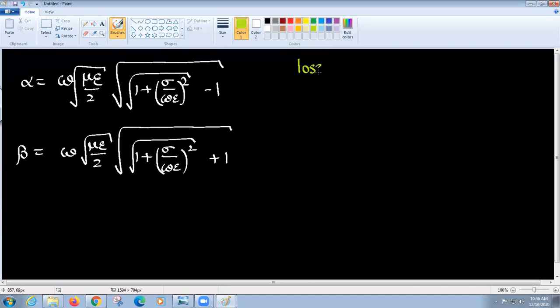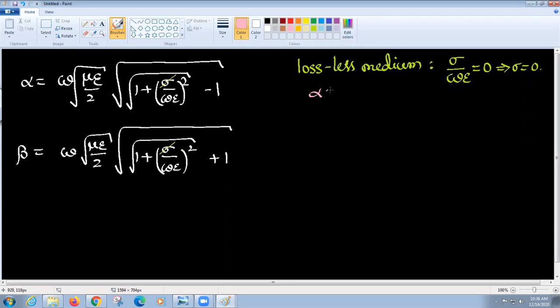First one is lossless medium. In lossless medium, I know sigma by omega epsilon is equal to 0. This corresponds to sigma equal to 0. If I put sigma equal to 0 here, what do I get for alpha?